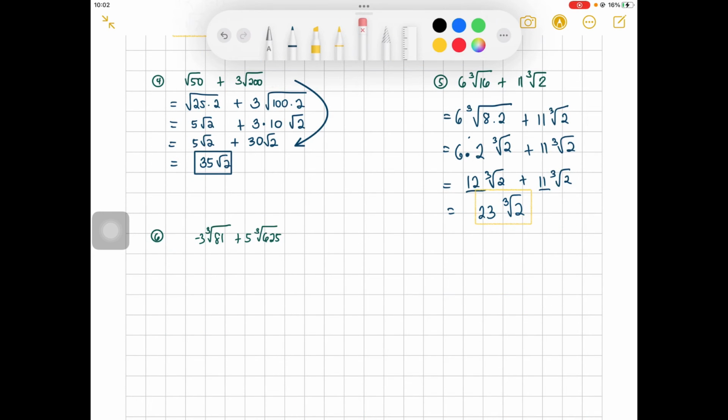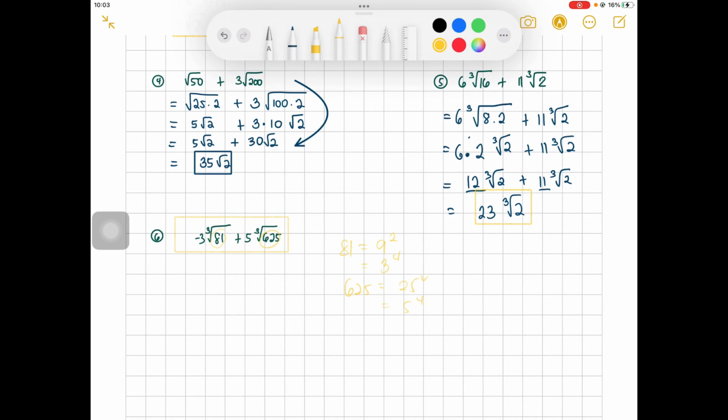Let us have example number 6. You notice that they are not like radicals because they have the same index but they have different radicands. So we try to simplify them. You know that 81 is a perfect square. 81 is 9 squared. It is also equal to 3 raised to 4, but it's not a perfect cube. 625 is 25 squared.